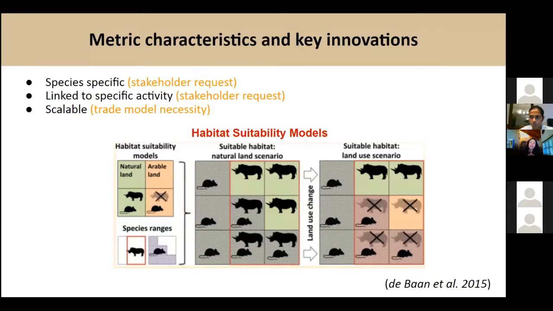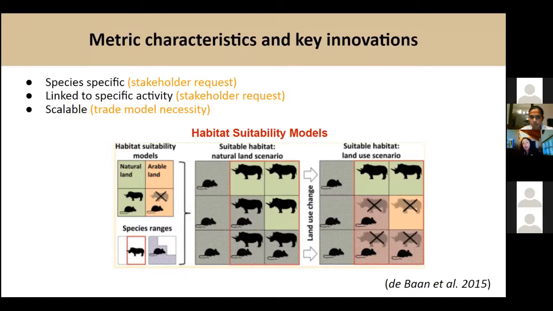And by evaluating the conversion of this habitat due to a specific activity, in this case soy, we can then assess the relative impact that this activity has in the decline of this habitat associated to this specific species.